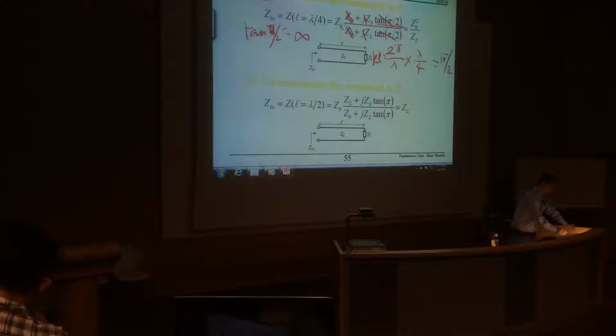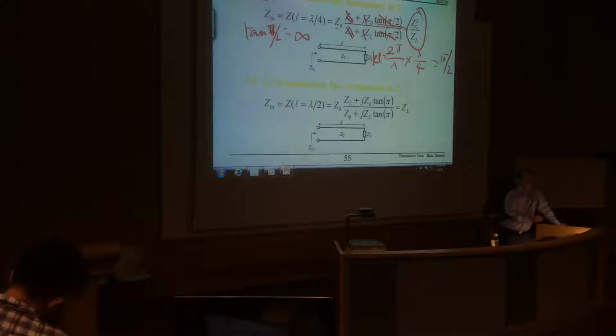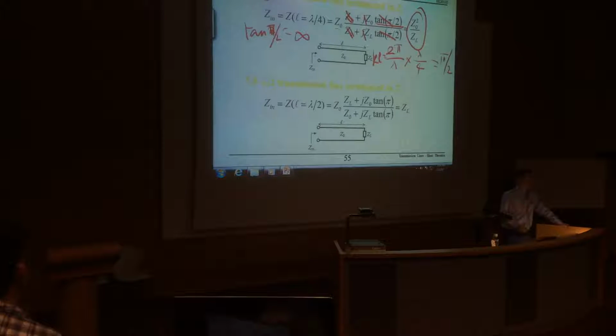So it turns out this input impedance is Z0 times Z0 divided by ZL, right? Later I will explain. This is a very, very important relationship. We will use this relationship for impedance matching. This is a six-star important relationship.